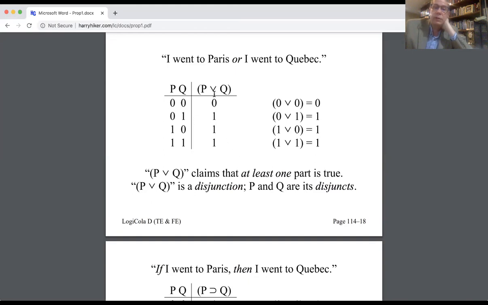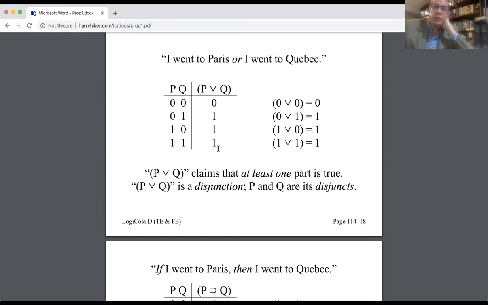So obviously P or Q is false if both disjuncts are false. If P is false and Q is false, then P or Q is false because one or both have to be true. It's claiming less than the dot. The dot says both have to be true, whereas the V says one or the other or both, as we'll see.